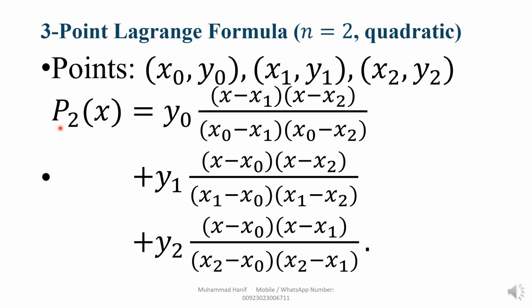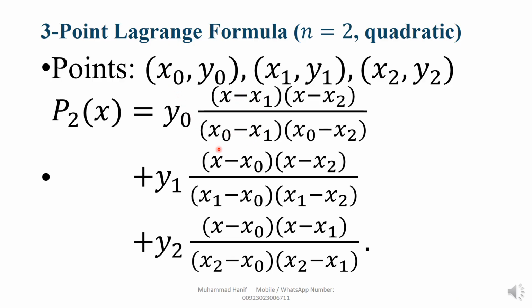We can write P(x) equal to, first here is given y0, then you write y0. Here is given x0, then you write x0. If we use x0, then the other element is x1, it means x0 minus x1. You write the same here.